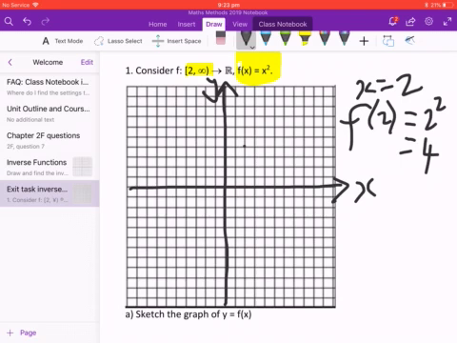When x was equal to 3, f of 3 is going to be 3 squared, which is equal to 9. So I'm just going to draw that point here. And I'm going to join up those dots, and I'm going to hope that I can do this really well because I'm using my finger.